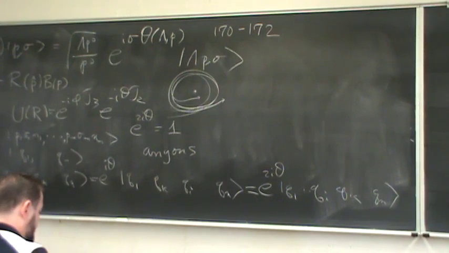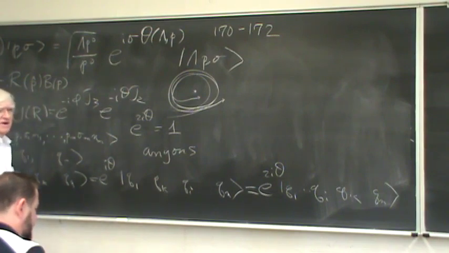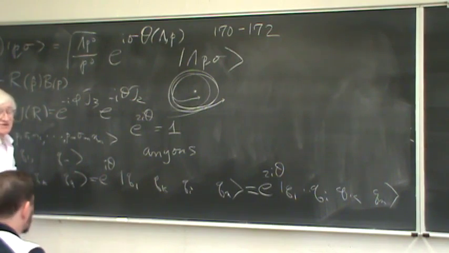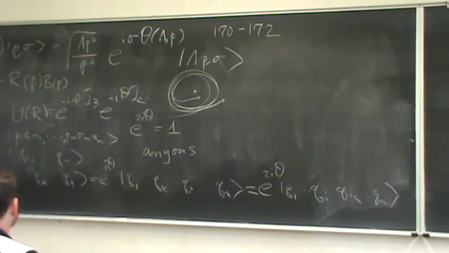I imagine that solid state or condensed matter physicists have found physical systems that exhibit anyon properties, but I actually don't remember if that's the case or not. Anyway, you can Google it and find out.